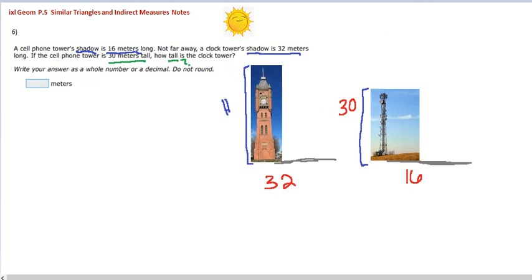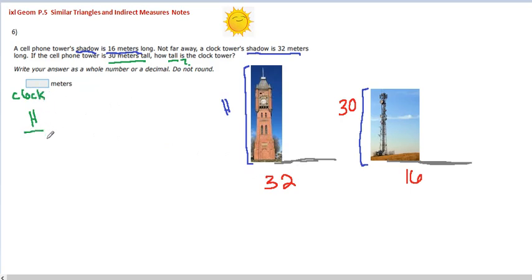But lucky for us, we can set up our ratios. Okay, so I'm going to set up the first ratio based off of this clock, from the height to the shadow. This information is all off of the clock.